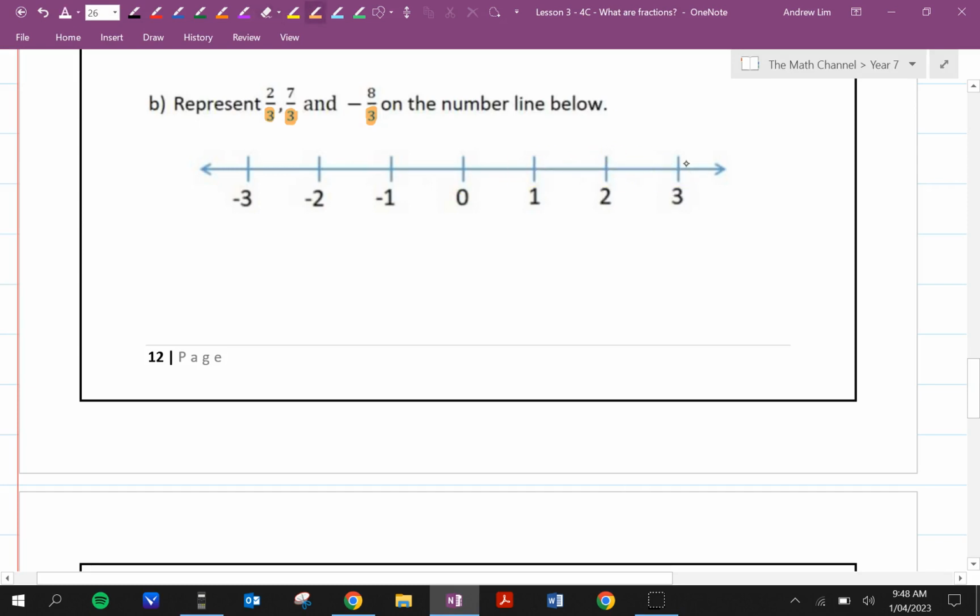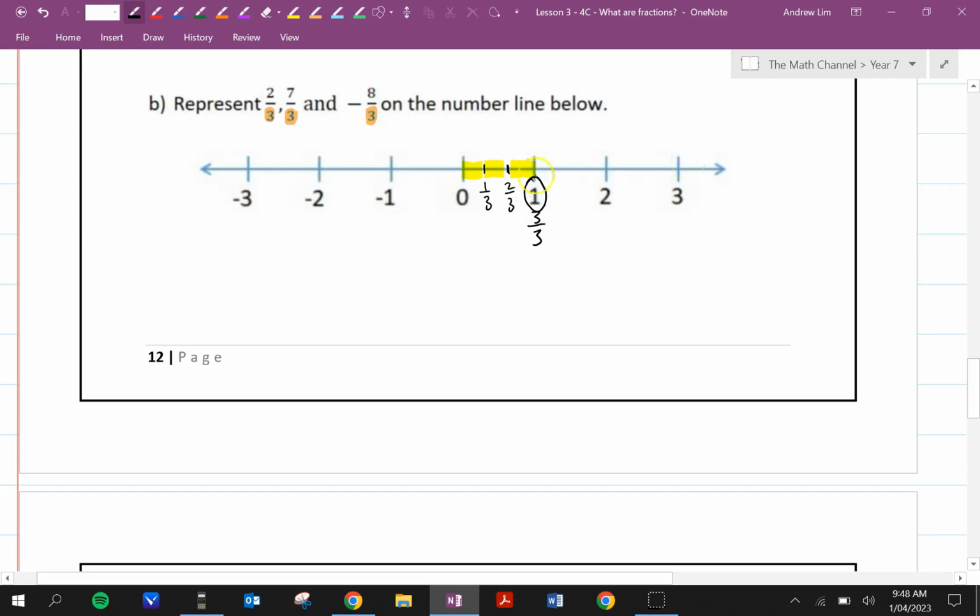By writing 2 lines. So if I were to divide this bit here by writing 2 lines, I now have 1, 2, and 3 equal parts, representing 1/3, 2/3, and 3/3, because 3 divided by 3 is 1.